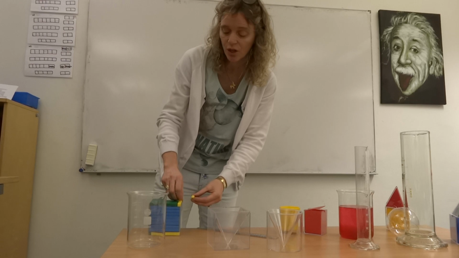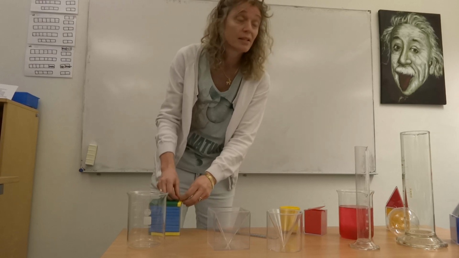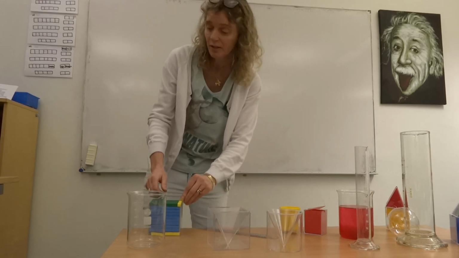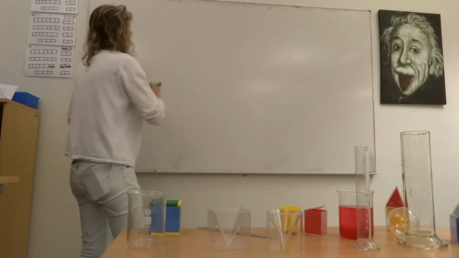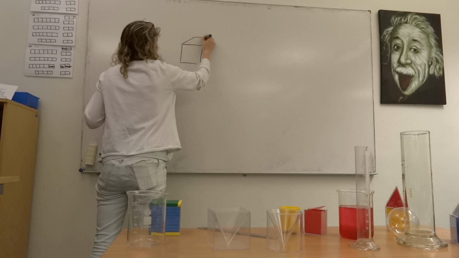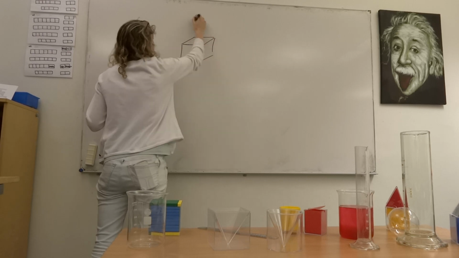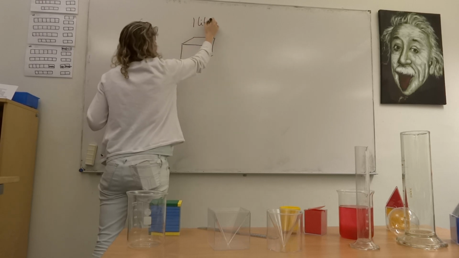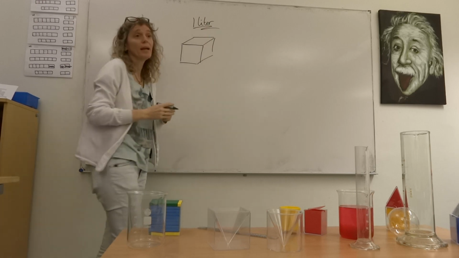So a decimetre cubed, which is 10 centimetres by 10 centimetres by 10 centimetres, or 1 decimetre by 1 decimetre by 1 decimetre, let's call this 1 litre. Okay?